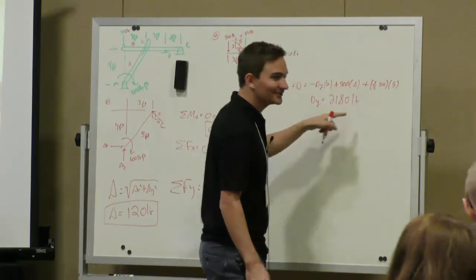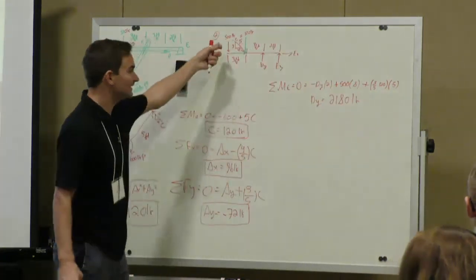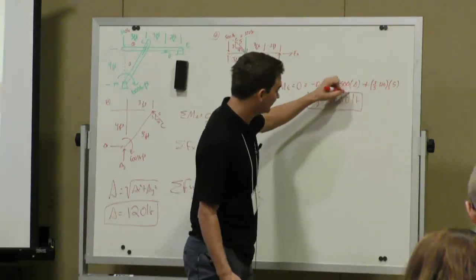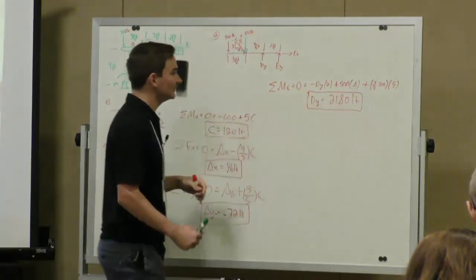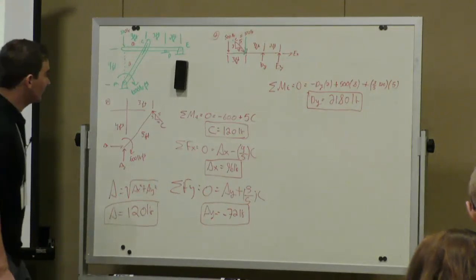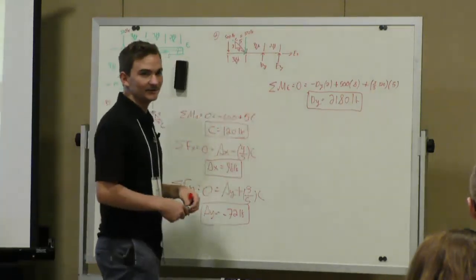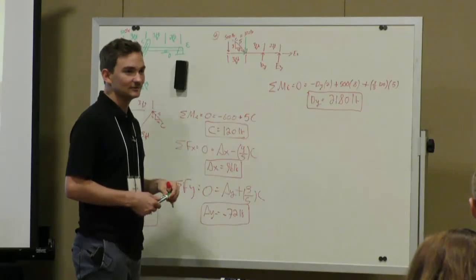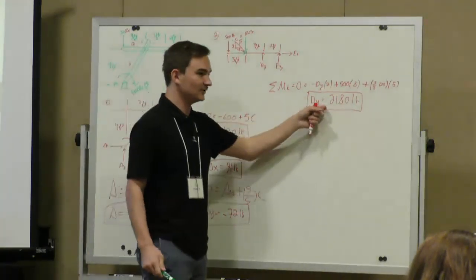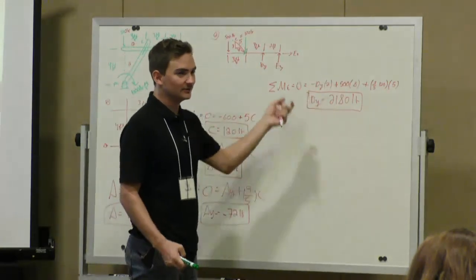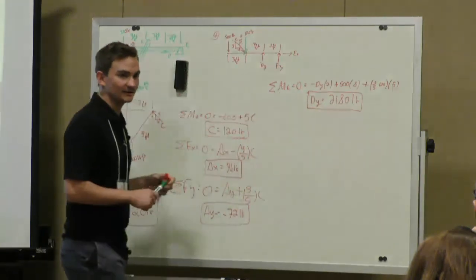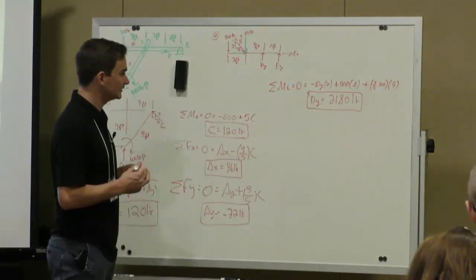It is a large number compared to, say, C, which is 120 pounds, but Dy does come out to be that large of a number compared to everything else. If I asked you what is the magnitude of D? Yeah, it's only one term, so it's this squared, the square root. Say this was negative, the magnitude would come out to a positive value. But in this case, it's just that.